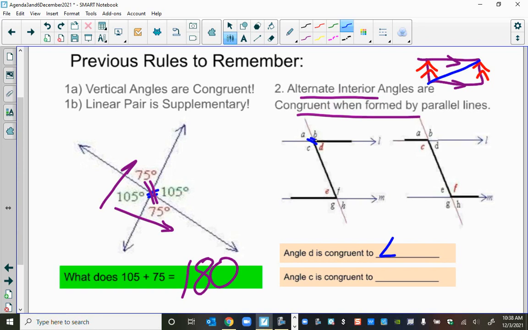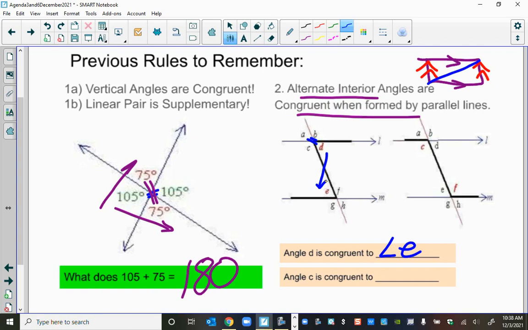This one was more the purpose with the alternate interior, but angle D and angle A would also be congruent. And then E and A, they would be corresponding. So that's some good stuff. You remember all of that. That would work too. But for this one, I just want everybody to know the alternate interior.